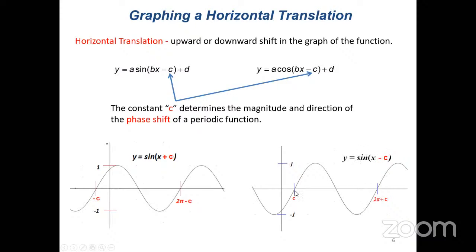If it's minus C, it's going to go to the right. So that C is going to shift it. That's what I was talking about the other day. It's going to go left to right. So if you just write down these two things, that's fine. You understand that plus C is going to shift it to the left, and minus C is going to shift it to the right.